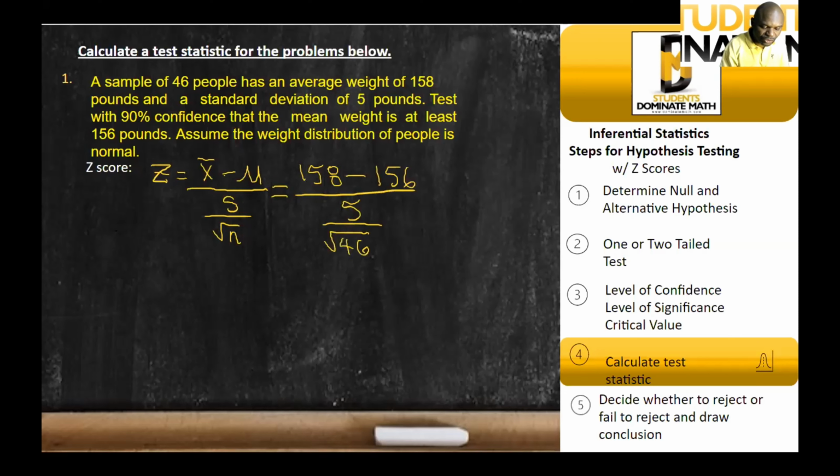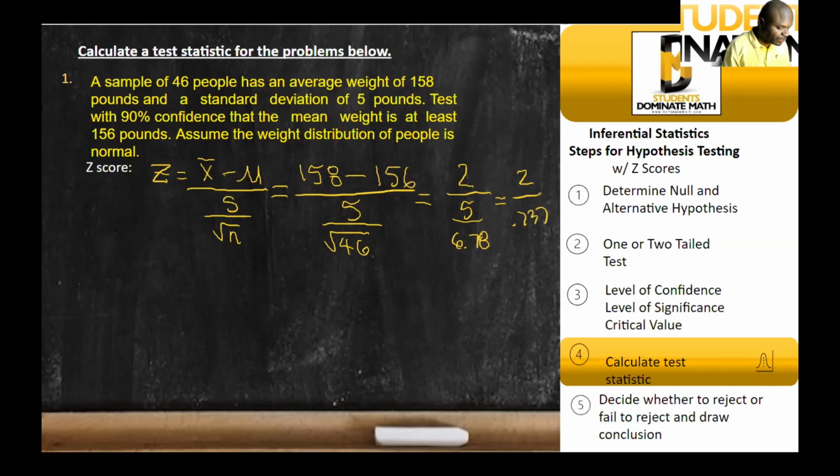Hopefully you see that it's not too bad at all. You end up calculating 2 divided by 5 over radical 46. The square root of 46 is 6.78. So you end up with 2 divided by 5 divided by 6.78, which is 0.737.